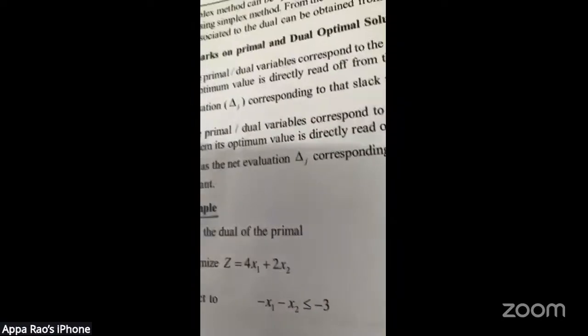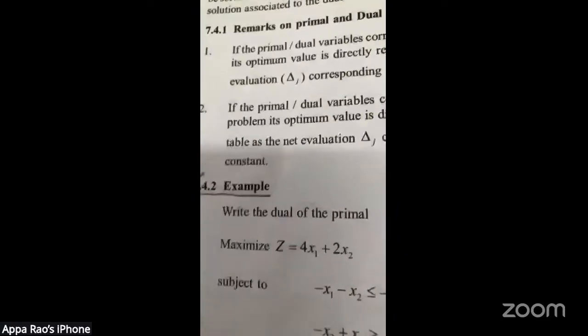Here, the variables can be slack variables, surplus variables, and artificial variables.